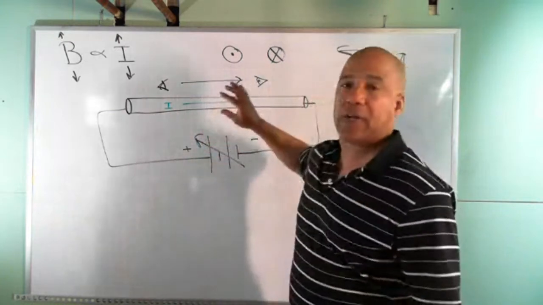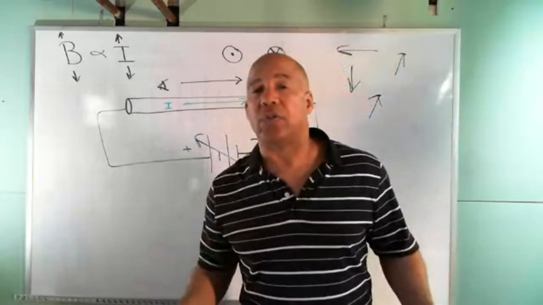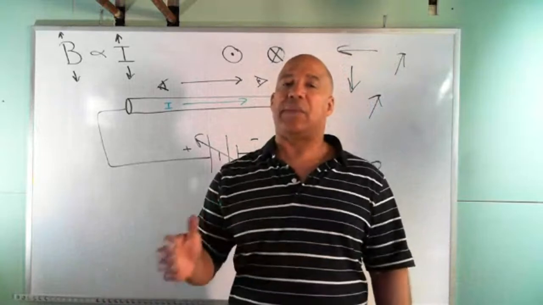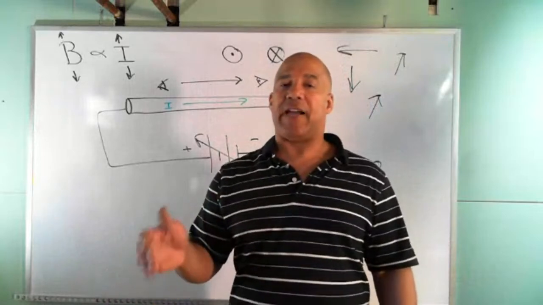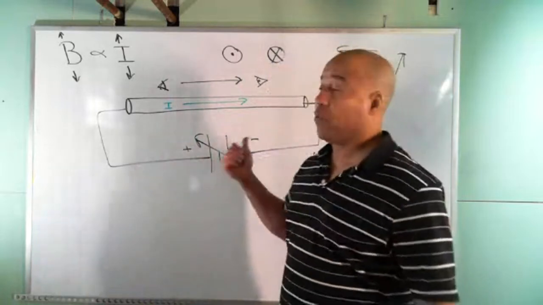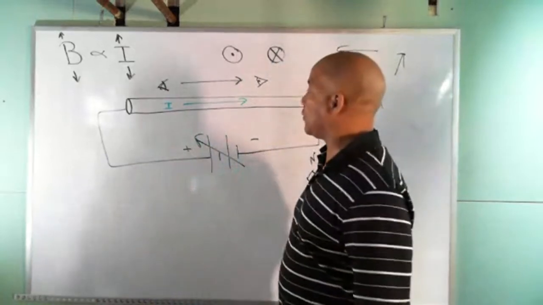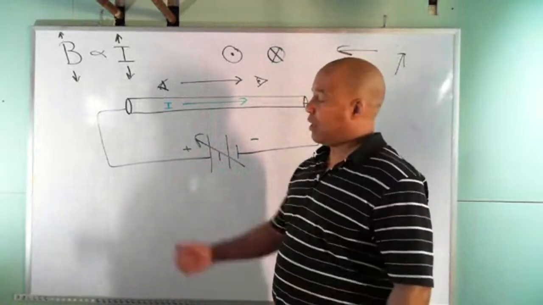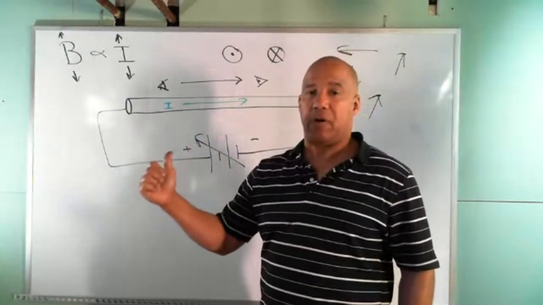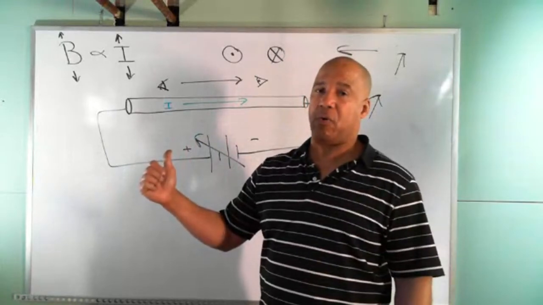There's right-hand rules for conductors, a straight conductor. There's right-hand rules for coils. There's many right-hand rules, but basically all it is is a simplified way of doing a vector multiplication that's a cross product. So I'm going to give you the one that we're going to use for a straight conductor. Here's how it goes. You take your thumb and you put it in the direction of conventional current flow. It's a right-hand rule. If it's the other current flow, it's the left-hand rule.